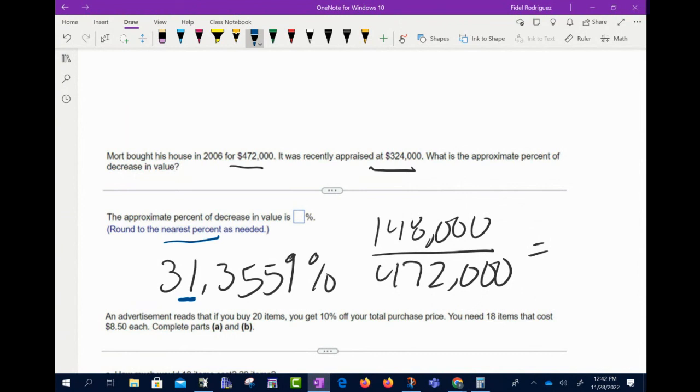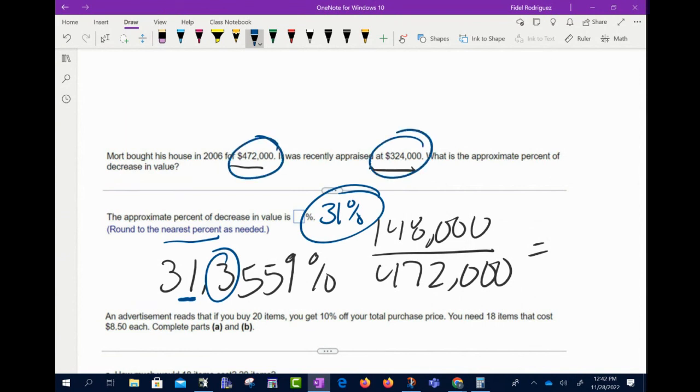So in order for me to round it, I have to look at the number to the right. Well, the number to the right is a 3, so I'm not going to bring it up. So this is going to be 31%, right? We subtracted the 472 minus the 324, because we always have to subtract. We got to figure out what's the difference in those prices.